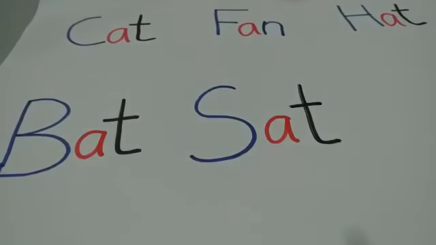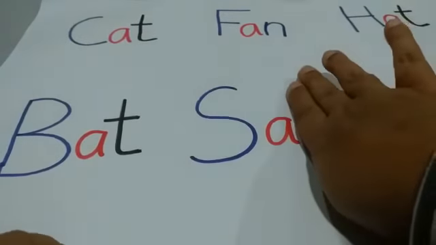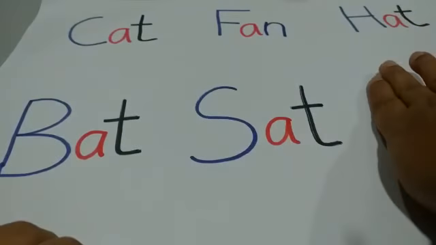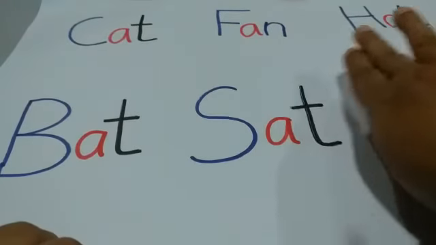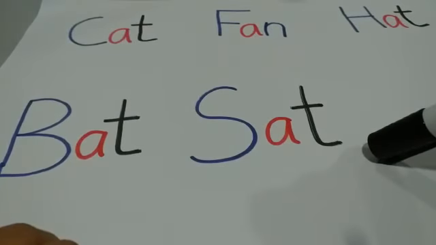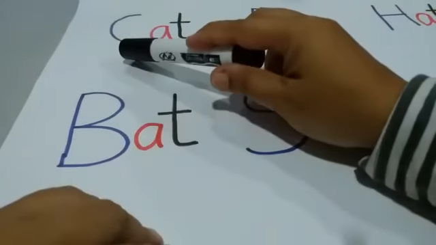That's letter T. T. So, SA is sa and T. Sa, T. So, when you put these two together, it is sat. Okay? So, let us all read this together.